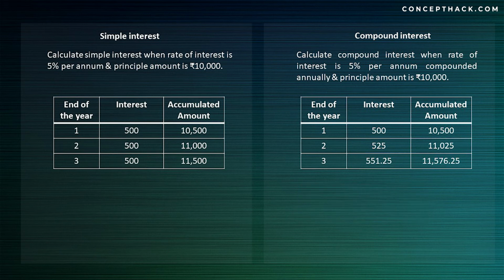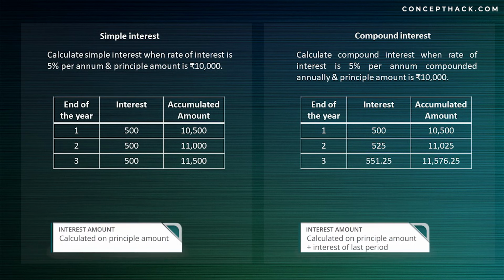In case of simple interest, interest is calculated on principal amount only. You can see this in example 1. Interest for year 1, 2 and 3 is calculated on principal amount, that is the initial value of 10,000 rupees.